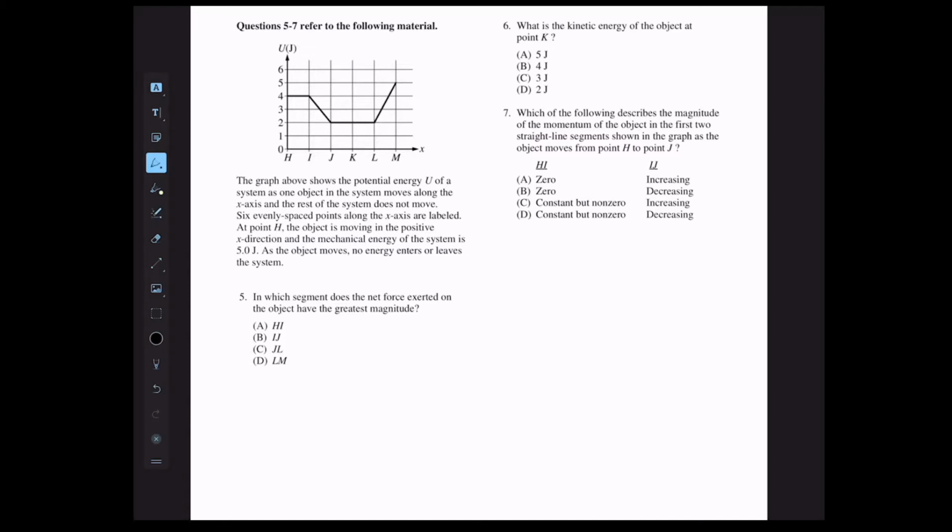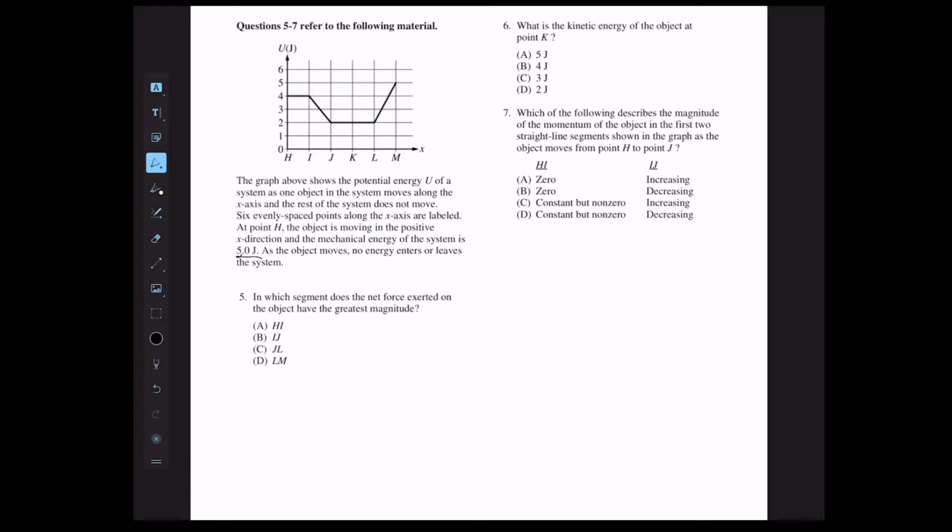Where does the net force exerted have the greatest magnitude? So we're going to look at when, so change in kinetic energy is directly proportional to the net force exerted on an object. So we're going to look at which of these line segments has the biggest change, like slope, I guess.